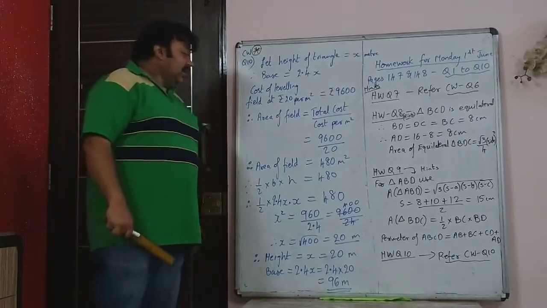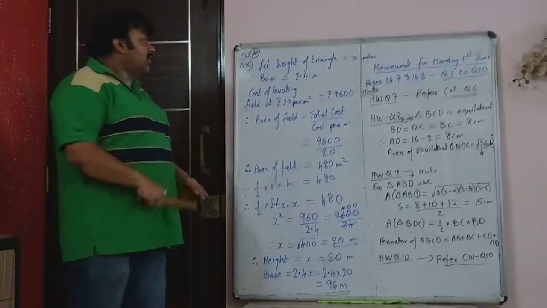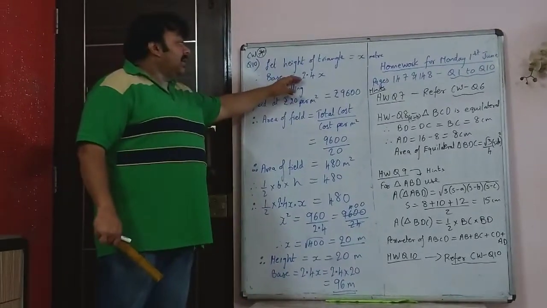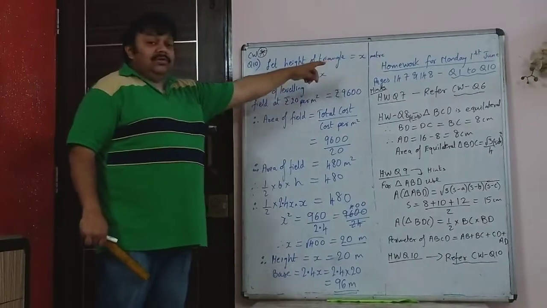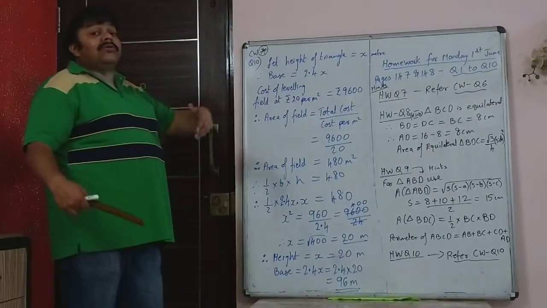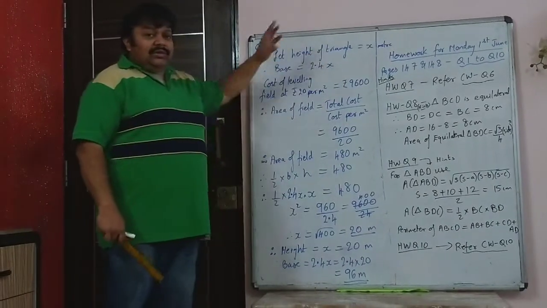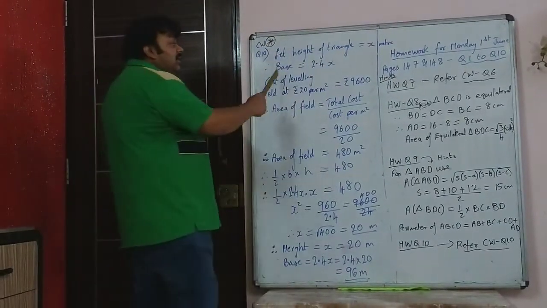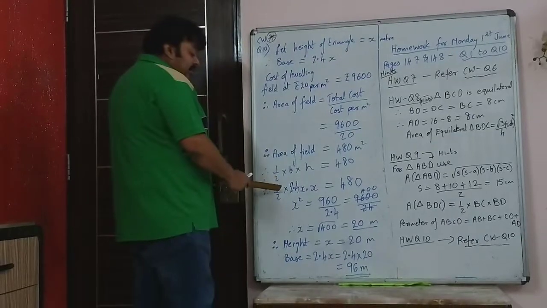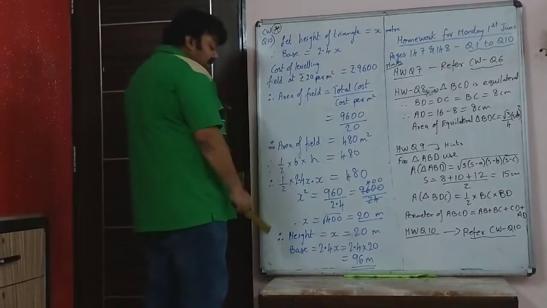Now out of that 480 meters squared that you have got, let the height be x. So the base is 2.4 times the height, so base is 2.4x. So x is the unknown, so area is half base into height, so half 2.4 into x.